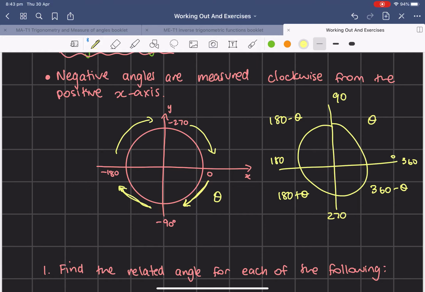Measuring this way, it's actually negative 180 plus theta. It's going to be negative 180 minus theta, and it's going to be negative 360 plus theta.